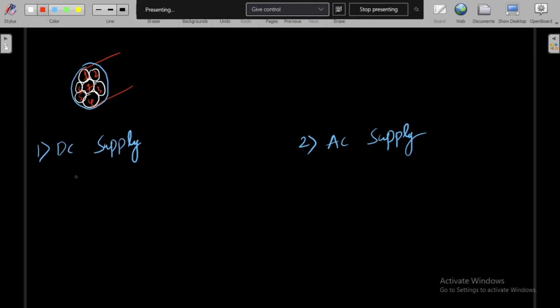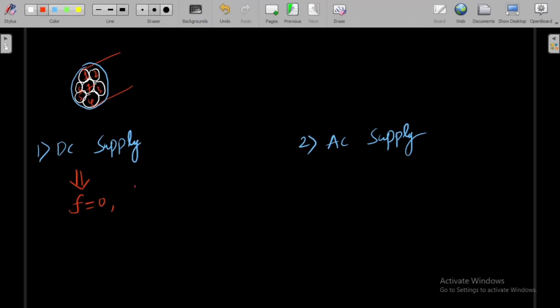Now what will happen in DC supply? The frequency is 0. It indicates that di by dt is equal to 0. The rate of change of current with respect to time is 0 because the supply is a DC supply where the frequency is 0.